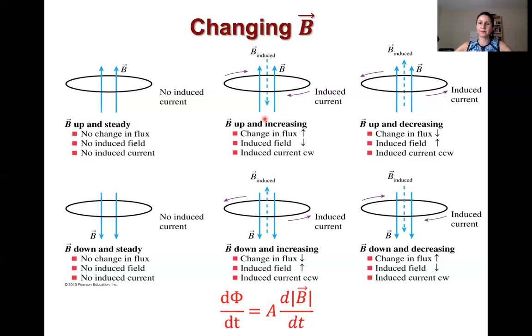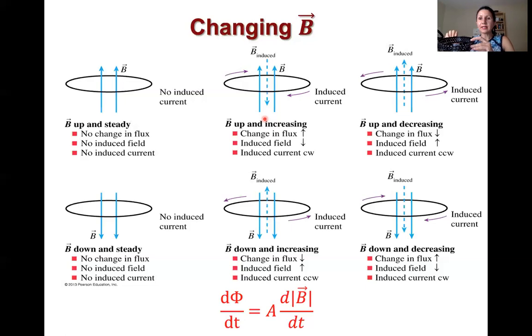So I actually have a little loop with me here that my son built out of his Legos for me. I thought maybe it could help a little bit. Okay, so this is my loop, and here's our magnetic field that's increasing in the upward direction. So the induced field is going to be downwards.